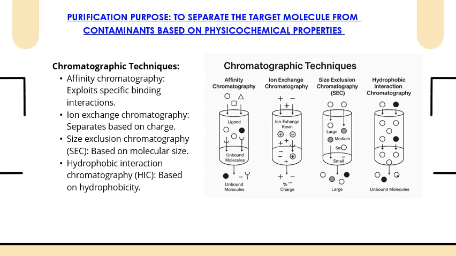So if we take a look at the affinity chromatography, you can see that it operates on principles based on molecular interaction, like lock and key. So you usually have a ligand, and then the molecules that are suitable, or have higher affinity, will bind, and the molecules that are unbound will exit the column.